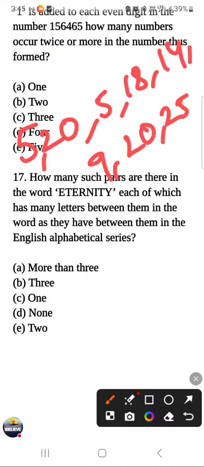So we have to look at the pairs. 18, 19, 20. We found one pair. 18, 19, 20, 21. No. 14, 15. So there is only one pair. So the correct option is option C, 1.